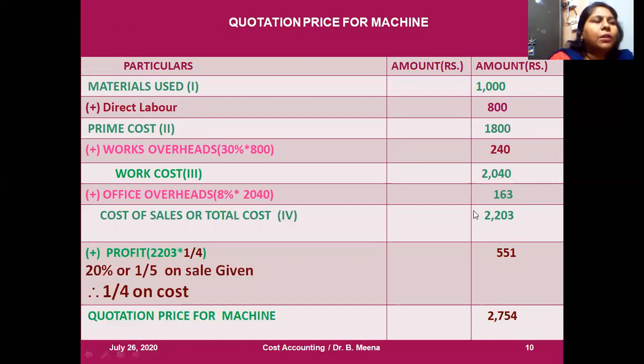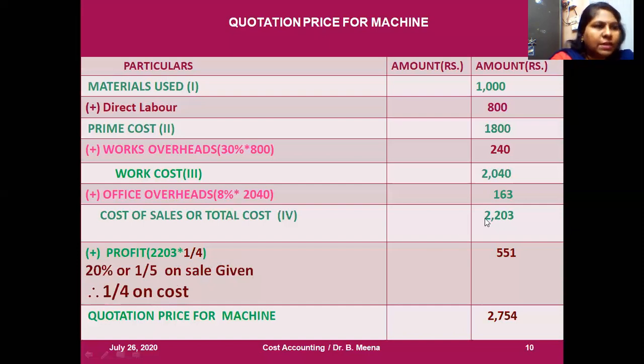So how to calculate the profit by making use of this cost information? I need to convert the 20 percentage on sale to be on cost. 20%, how can we say it proportion-wise? 1 by 5, that is 20 by 100. If you simplify, you will get 1 by 5. 1 by 5 on sale means 1 by 4 on cost. So what is the total cost? 2203 into 1 by 4. What is the need of converting sale into cost?